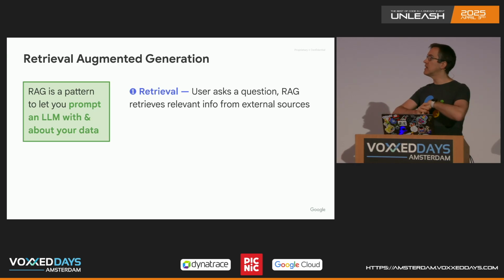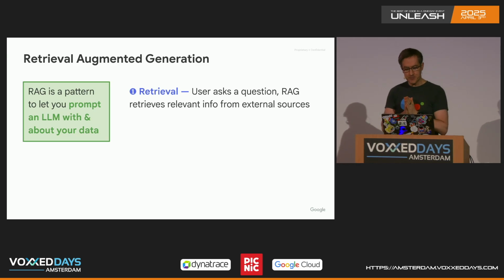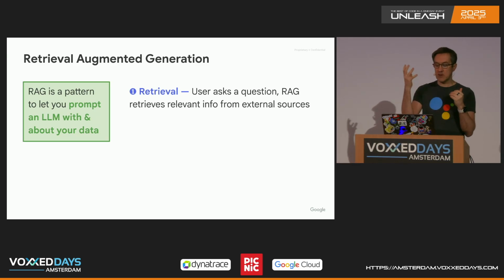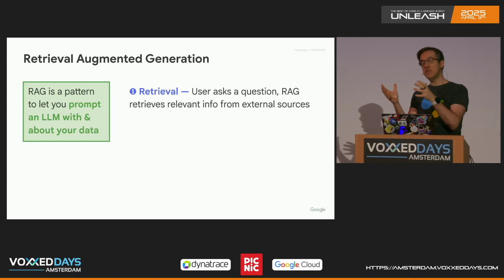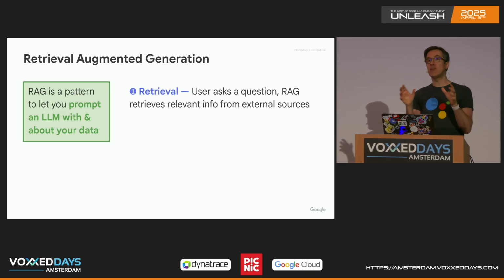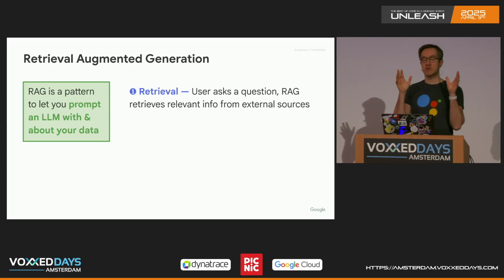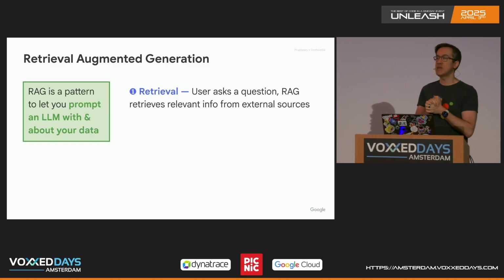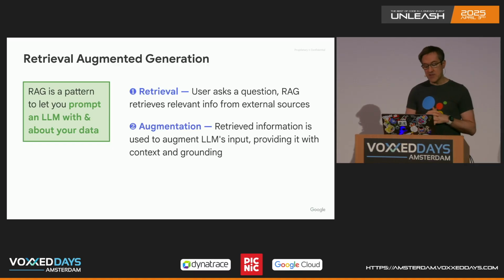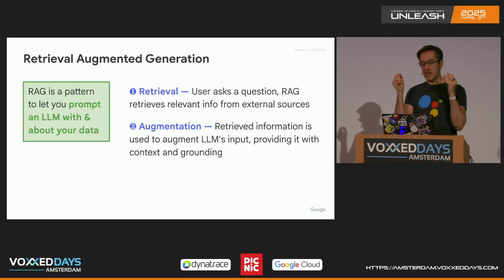It doesn't have to be a vector database. Given a user question, we're going to find relevant documents or tables, etc., that may contain the answer.